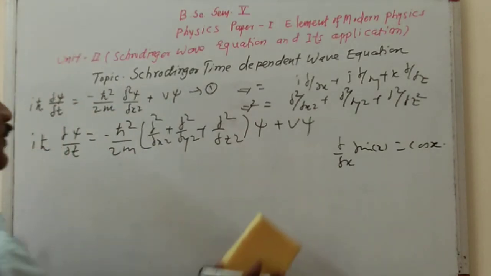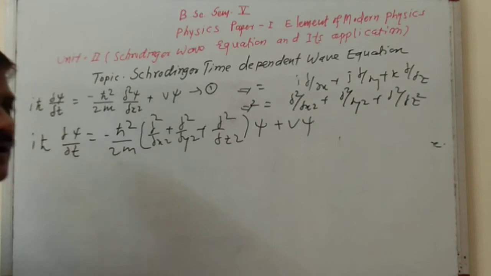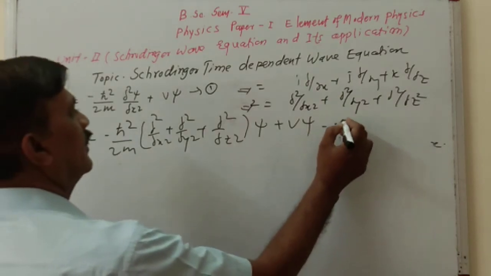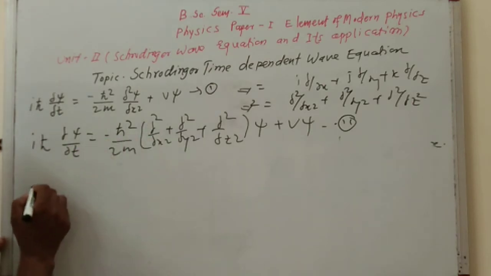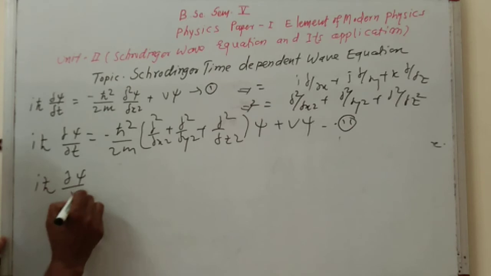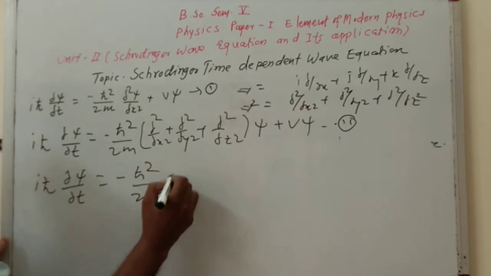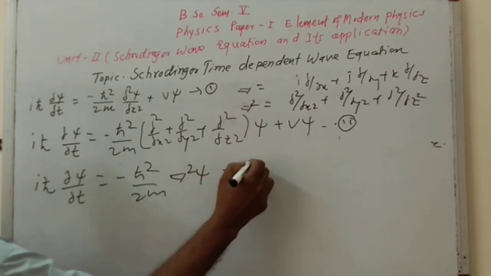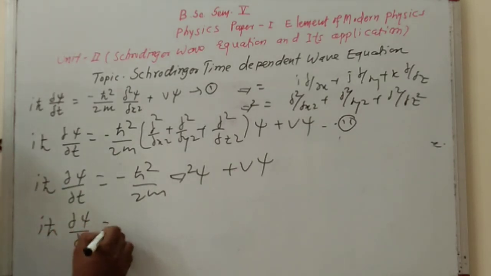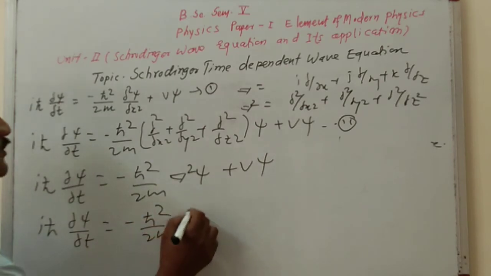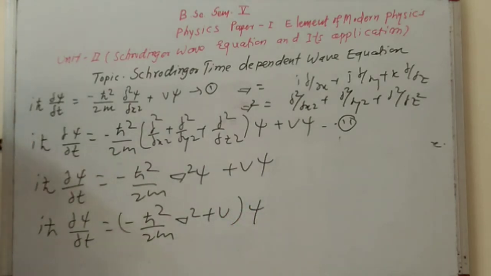Therefore we obtain the Schrodinger time dependent wave equation in terms of operators. Observe equation 2, the Schrodinger time dependent equation in three dimensions. It is also written as iħ ∂ψ/∂t equals minus ħ² over 2m ∇²ψ plus Vψ, that is, minus ħ² over 2m ∇² plus V, acting on ψ.